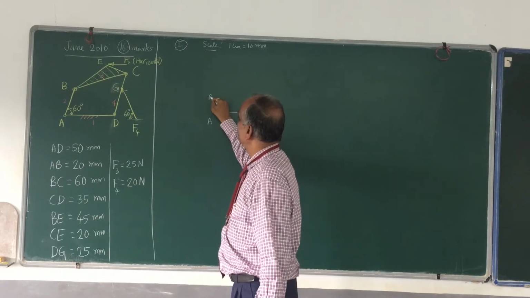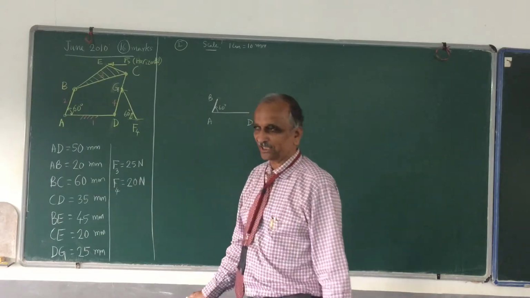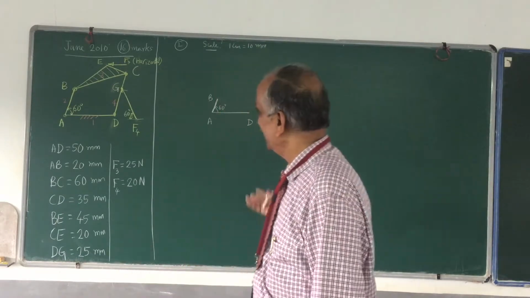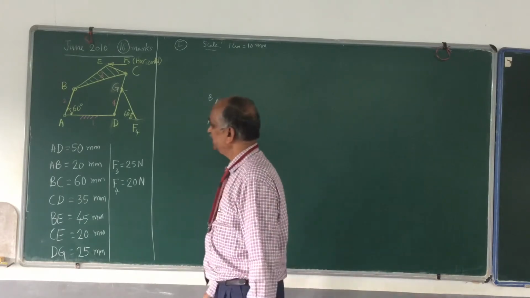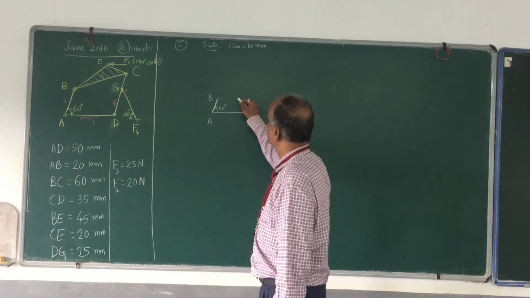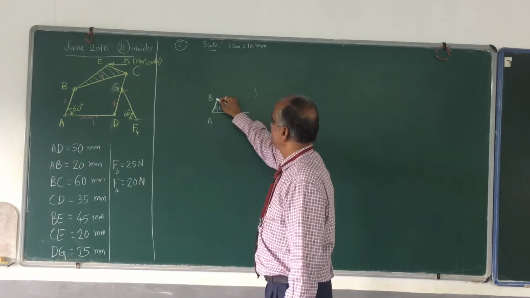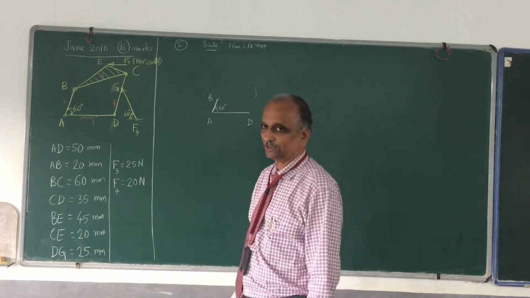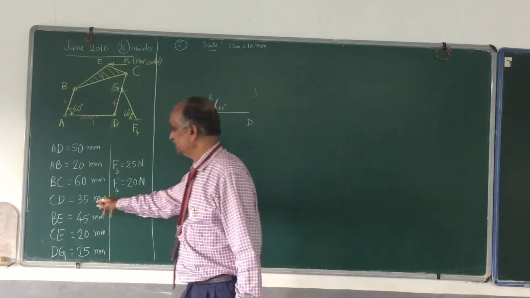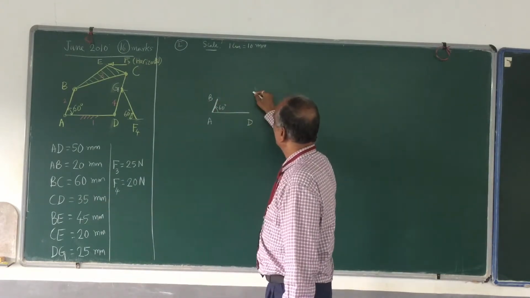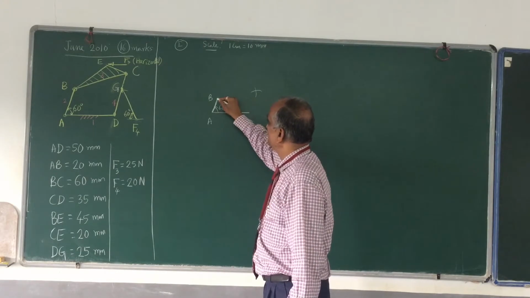This is your B. I'm trying to draw as proportionate as possible. Then BC is 60 mm, so with B as center and 60 mm as radius, we draw an arc. Then with D as center, DC 35 mm, you draw another arc, something like this, and join.